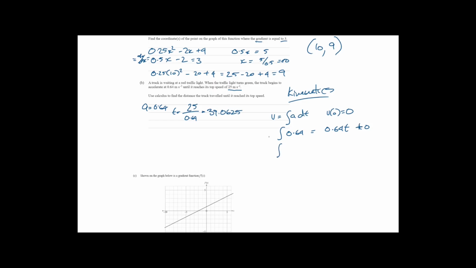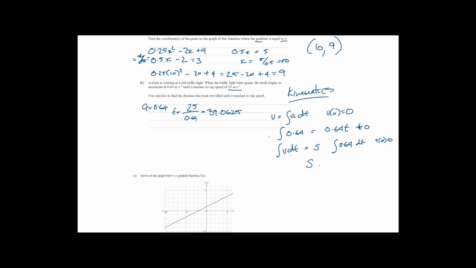We also know that when we integrate the velocity with respect to time, we get the displacement. I'm going to say displacement is s, so we don't confuse this d here with the distance there. And that means that when we integrate 0.64t with respect to time, the initial distance is also 0, so that's our constant term taken care of.